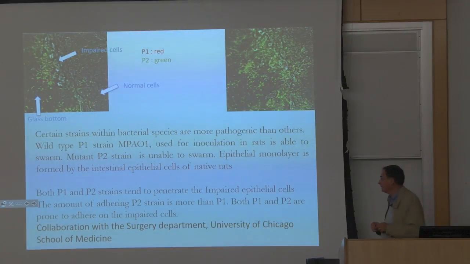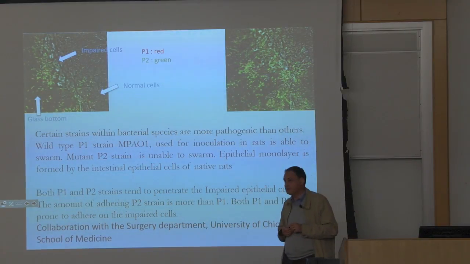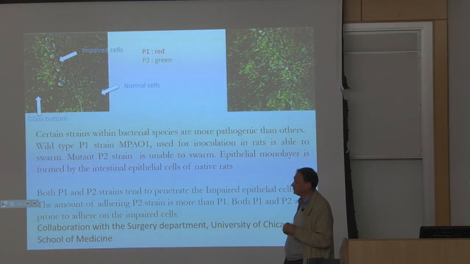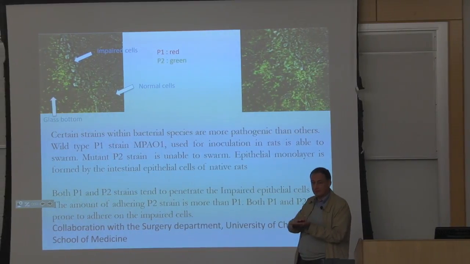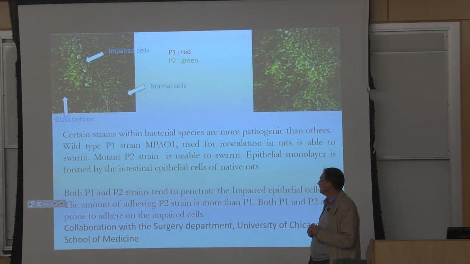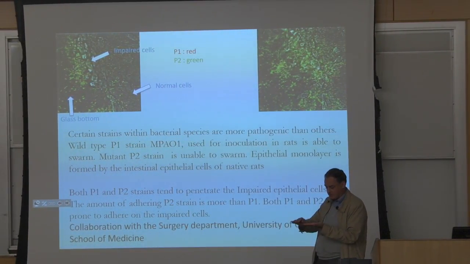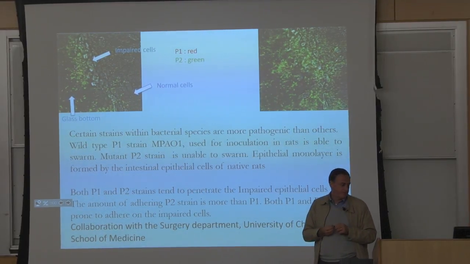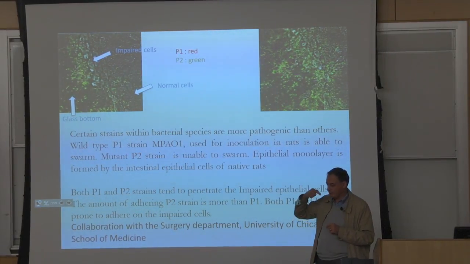And we're also studying them in microfluidic devices. So it's a collaboration with University of Chicago School of Medicine, surgery department. So we take epithelium cells, put on the substrate, and then we mix populations of Pseudomonas, wild type, with the ones which we get through a rat.